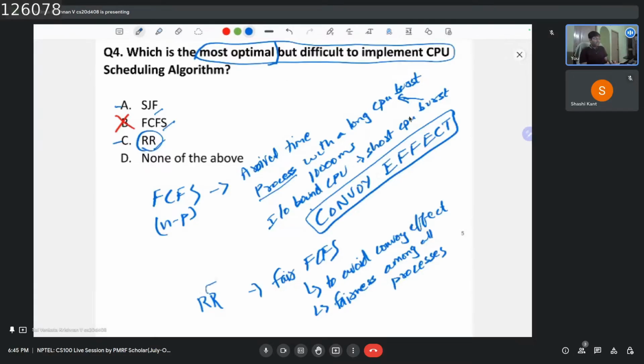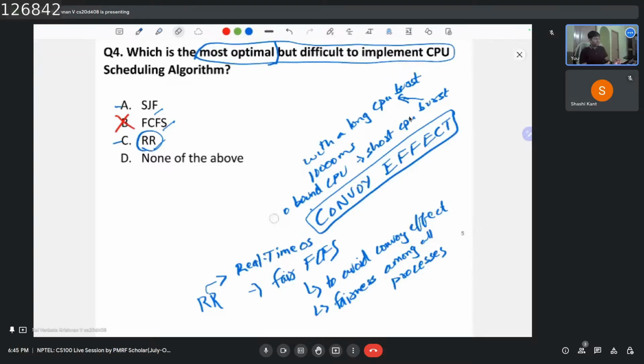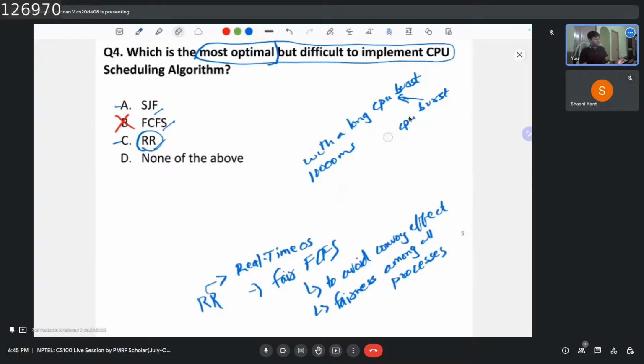Say you consider the case of a real-time operating system, which is normally used... So I'll just erase this part. Right.